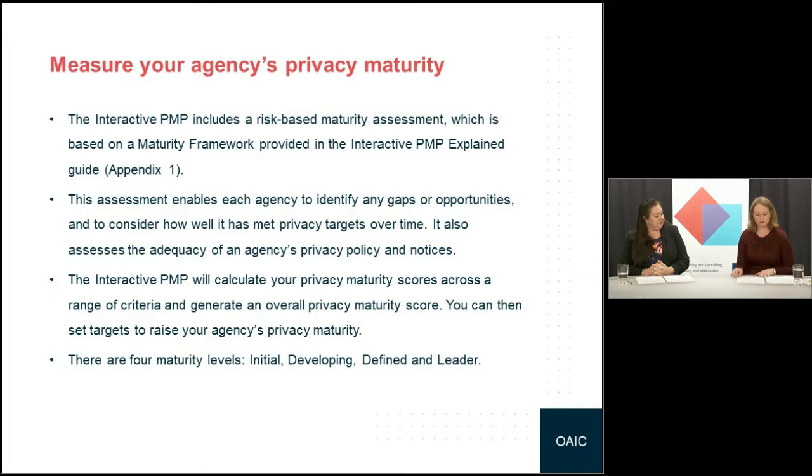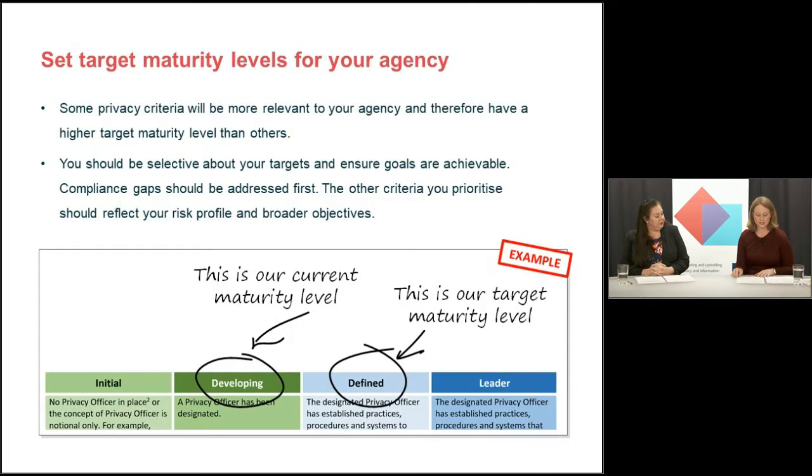You can then use the tool to identify your agency's current maturity level. The PMP tool will calculate your scores across each criteria and as a whole to generate an overall score. You can then set targets for improving privacy in your agency based on your score and, of course, your overall risk profile.